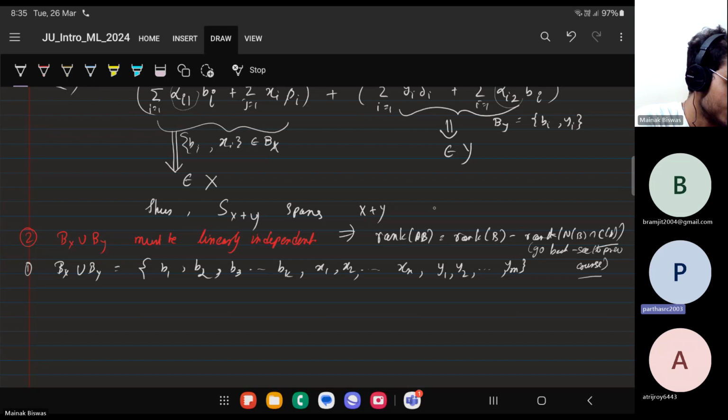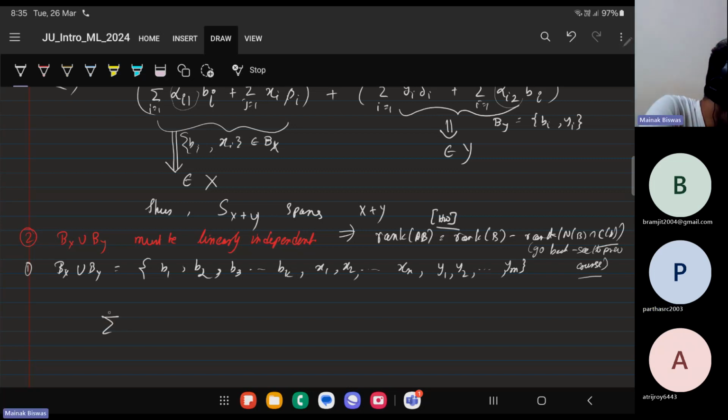How will I show this? It's a linear combination: alpha i times summation of all those bi's plus beta times summation of all those xi's. Linear combination means the alpha i's are all multiplied, right?